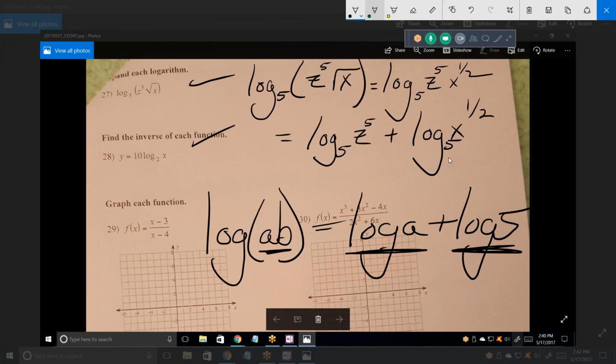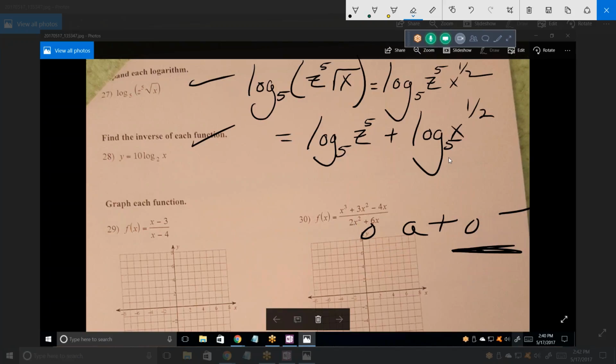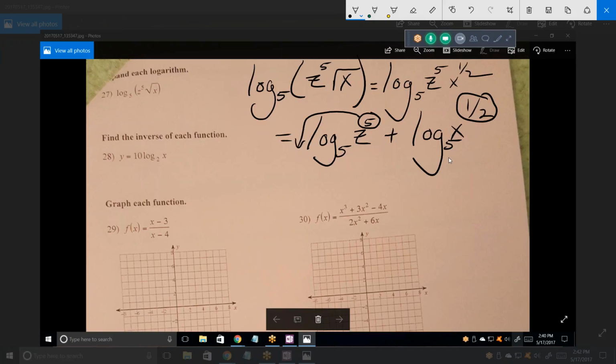Yes. Okay. Now, I can expand it further because another rule of logs says that you can take that exponent and move it to the front right there. In other words, let's take it out of the exponent and put it as a coefficient. So now what do you get? So then that'll be 5 log base 5 of z plus 1/2 log base 5 of x.